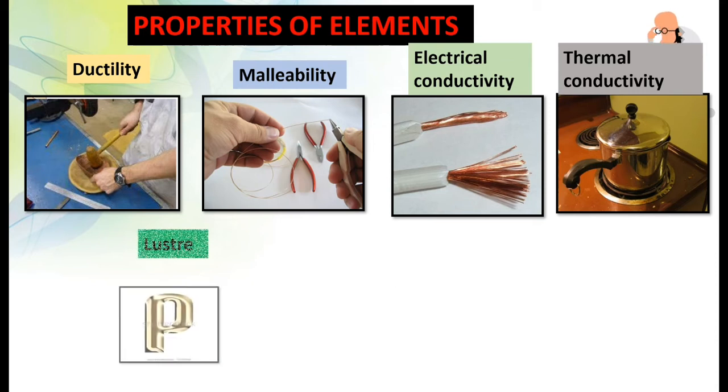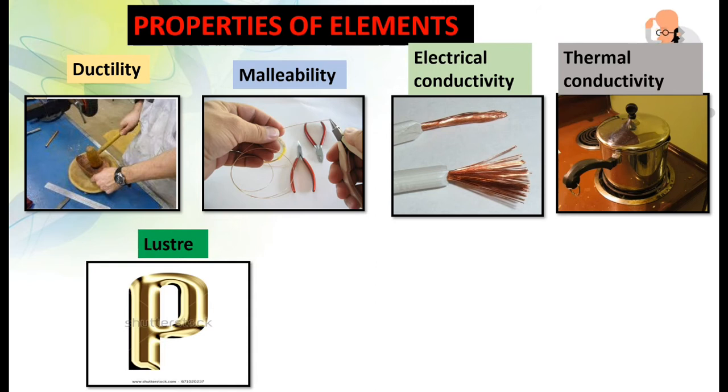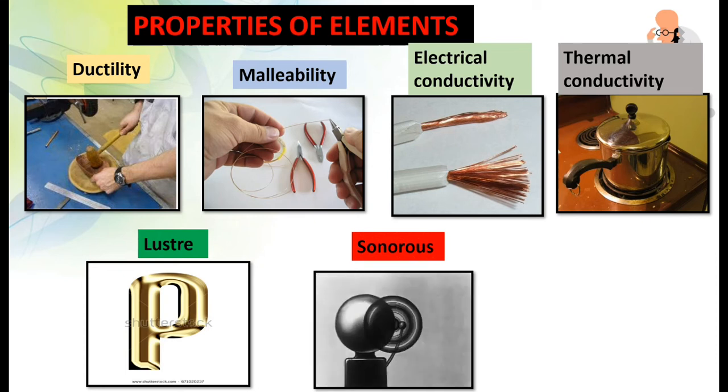ठीक है? Then some metals are lustrous. Means they have shine in them. ठीक है, जैसे कि गोल्ड है, सिल्वर है, ये शाइन करते हैं ना, इनमें शाइन है. सब एलिमेंट्स के अंदर शाइन नहीं होती. जैसे कि इफ आई गिव यू अनदर एग्जांपल ऑफ सल्फर, उसके अंदर शाइन नहीं होती.